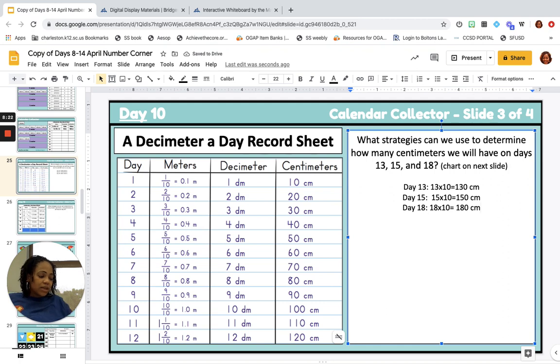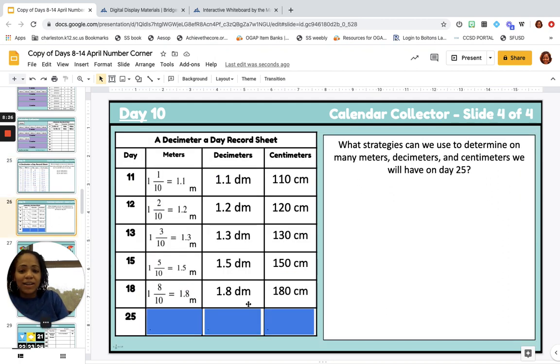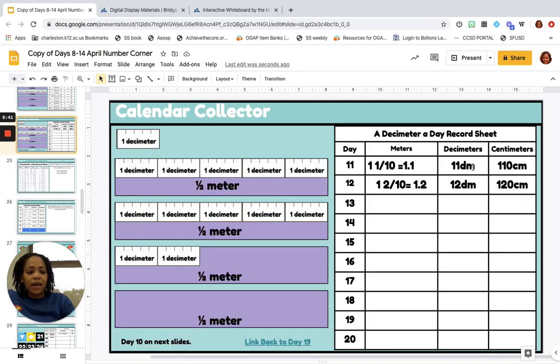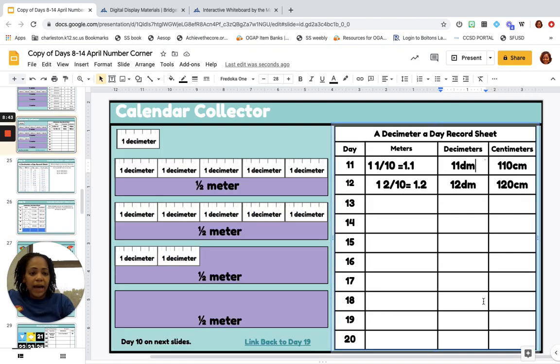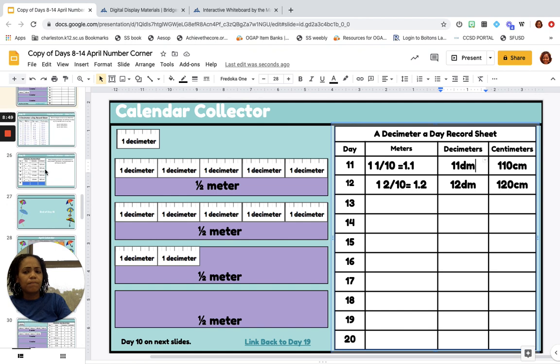Okay, so let's check our work here. We did it. We just didn't do the conversions, or writing it as a mixed number and then writing it as a decimal. So we have it done here, and I like what they've done here, so I'm going to actually go back, and instead of putting 11 decimeters, or maybe I won't.